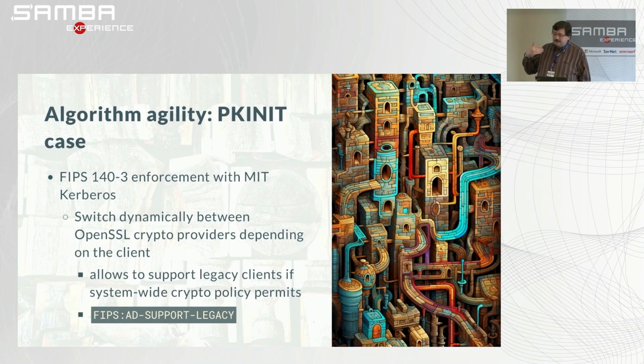For the basic and most important part, we use FIPS, but where we know that FIPS will fail, if we are allowed to by the system crypto policy for the whole system, if it allows that algorithm, we can load the old default provider that has this implementation, and apply crypto primitives from that one. Not in the strict FIPS case, again, but in cases like FIPS:AD-SUPPORT-LEGACY that allows you to apply all of these things.